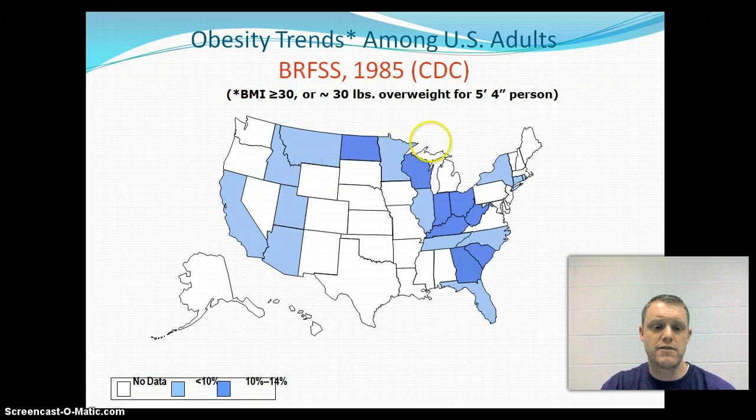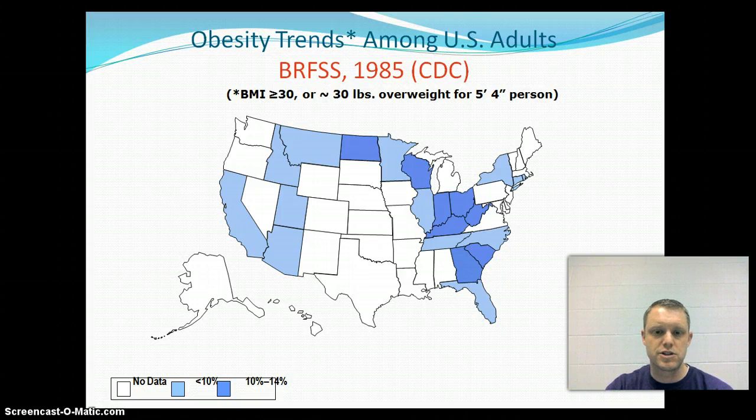We actually have a really small amount, 8 states, with 10 to 14%. So for every 10 people, you have 1.4, not quite a full person, that's obese. That was in 85.